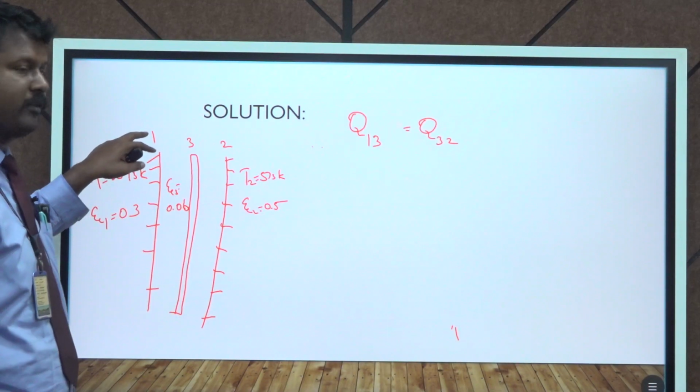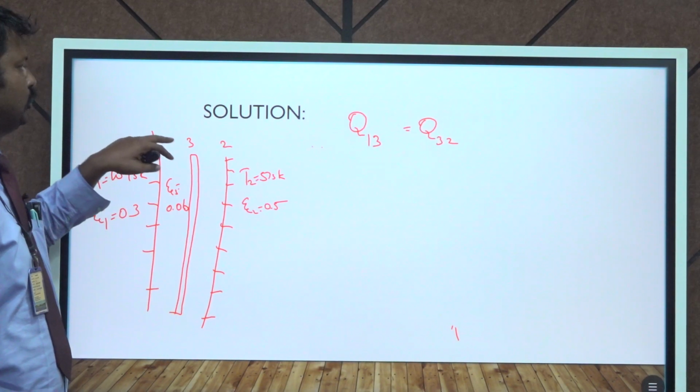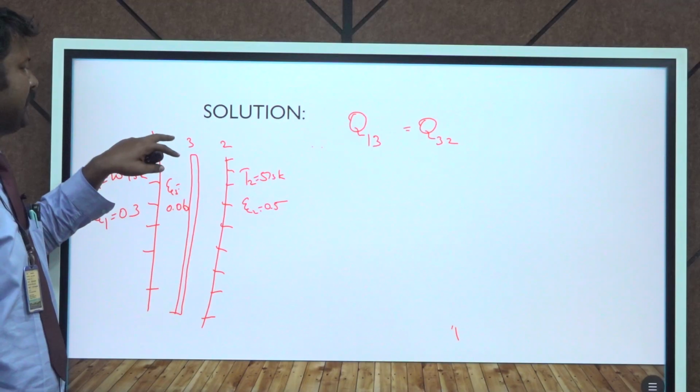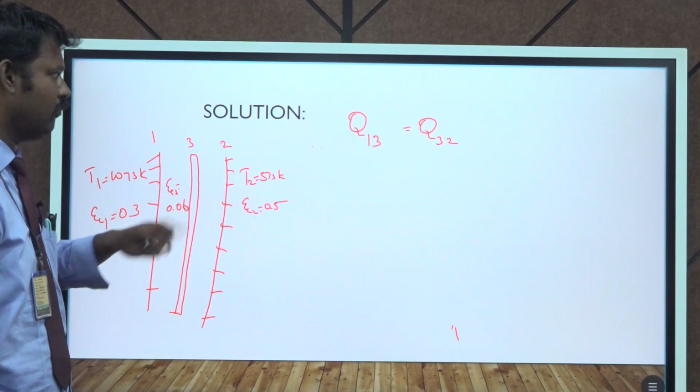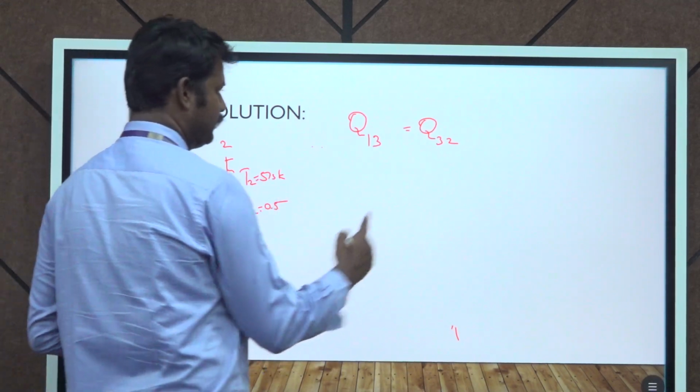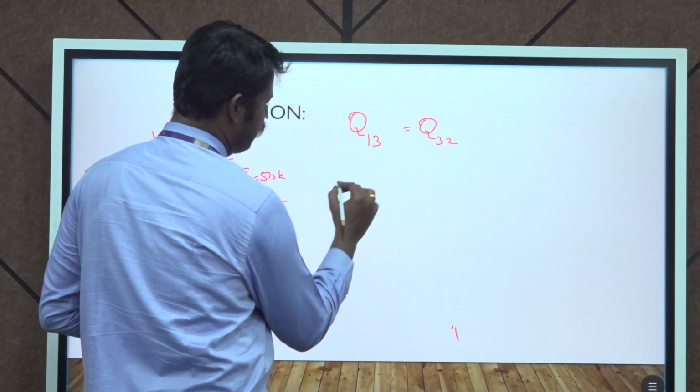The net radiant heat exchange between parallel plate 1 and the aluminum radiation shield 3, and between the shield 3 and parallel plate 2, will be equal. So Q13 equals Q32, and the same formula applies here too.